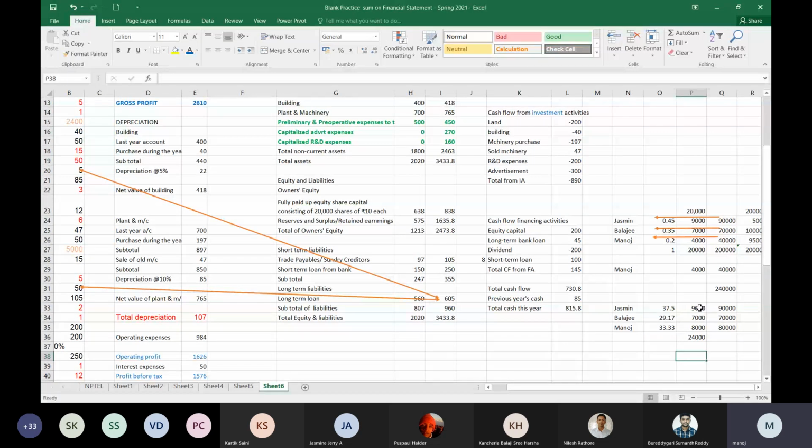Balaji goes away, so we delete his share. Now Jasmine's shareholding becomes 9,000 plus 7,000, so it becomes 16,000. The total number of shares remains 24,000. Jasmine gets 16,000, I remain with 8,000. So Jasmine's holding becomes 66%. My holding remains 33 because mine was 33 and is still 33. That is how. And that 5 lakh rupees has nothing to do with the number of shares.